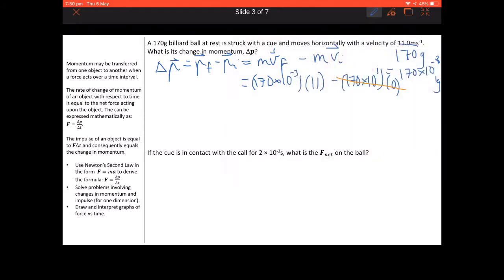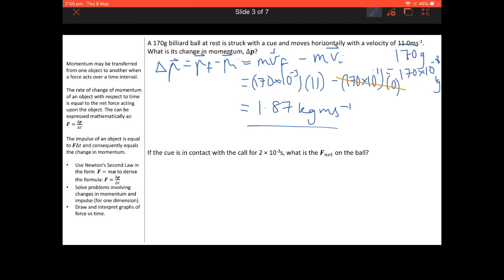So we'll just be left with 170 times 10 to the negative 3 kilos times by 11, and that will be 1.87 kilogram meters per second. So our change in momentum is going to be 1.87 kilogram meters per second.